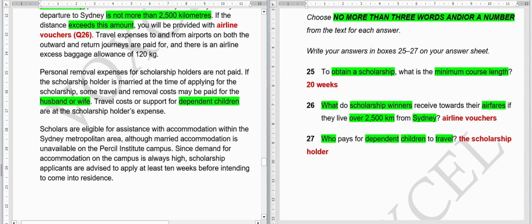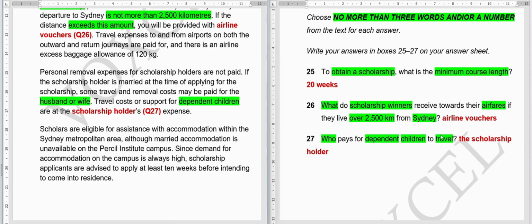So where is it written here? Let me mark the answer location here. This is question 27. I hope it is clear.